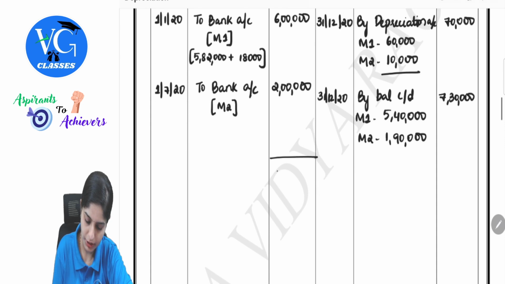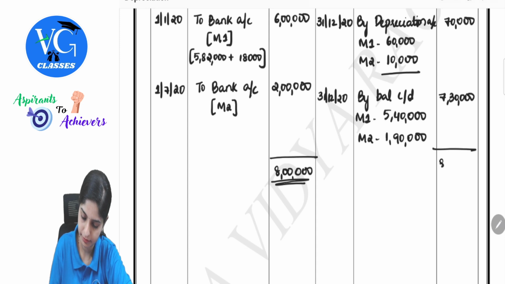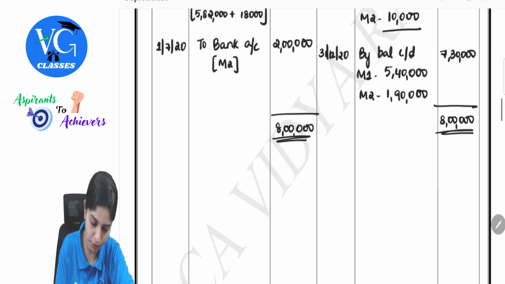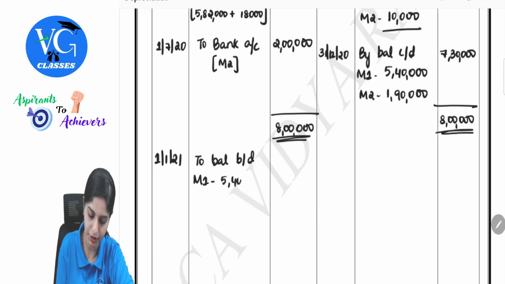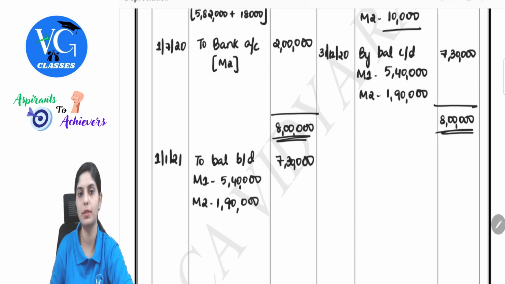So the total of ledger will be 8 lakh. This was for first year. So we will bring down the balance on 1st Jan 21 to balance brought down. Machinery 1, 5 lakh 40,000. Machinery 2, 1 lakh 90,000. The total is 7 lakh 30,000.